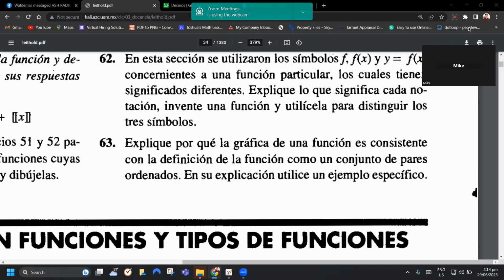It has a graph, right? But is it a function? That's a circle. It has a graph, but it's not a function. So we really need the condition that it is a set of ordered pairs where for each value of x, there is a unique value of y.